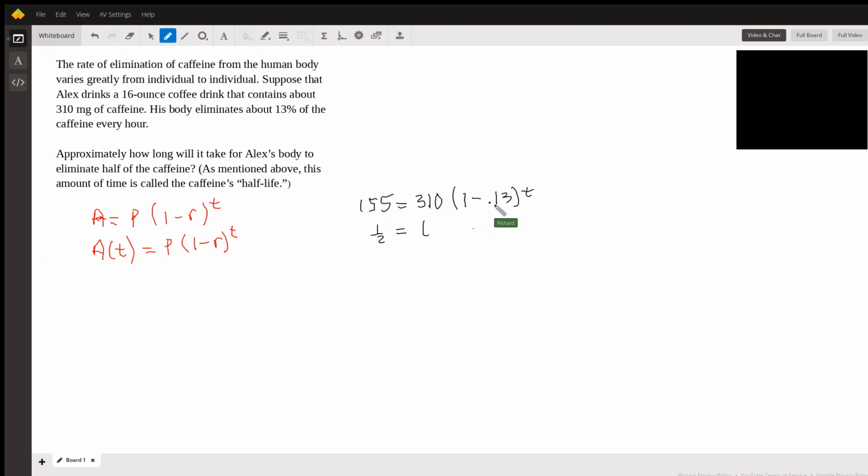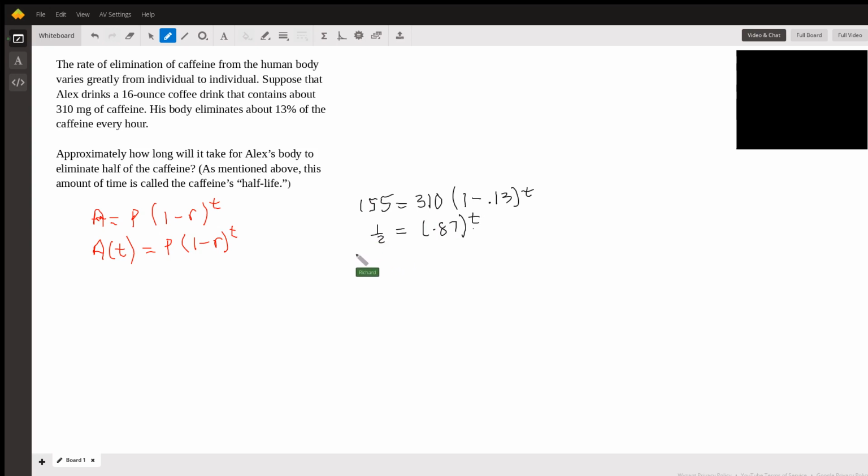And 1 minus 0.13 is just 0.87 to the t. So simple. We'll take the log, and I'm going to use the common log base 10 here.